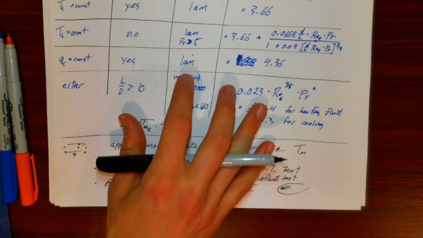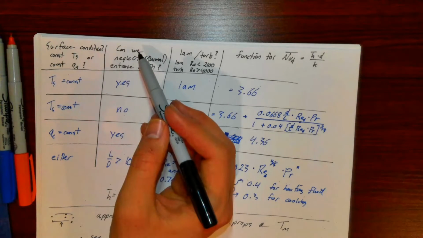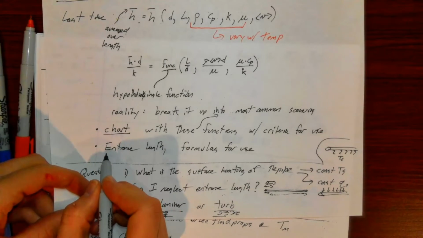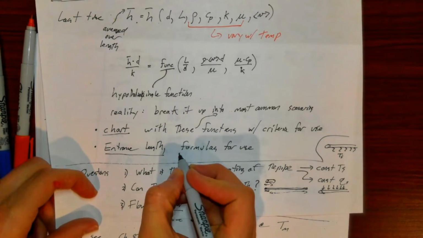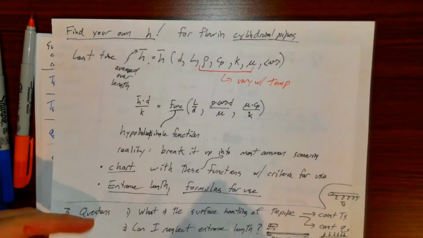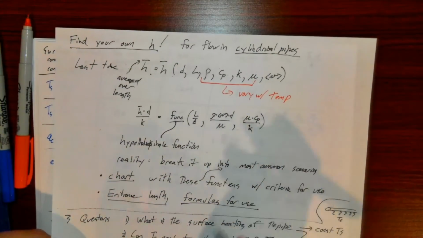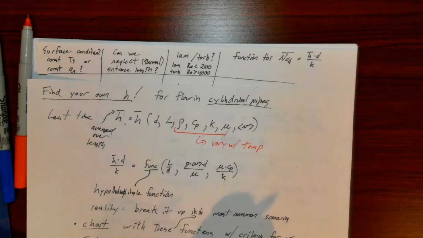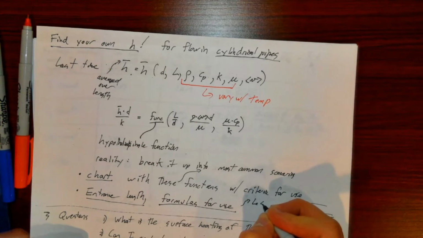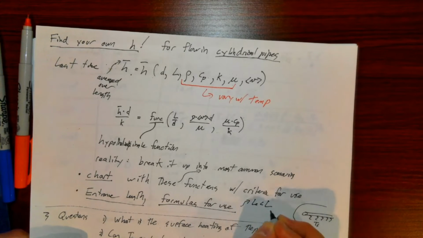All right, so let's go back to this question here. Can we neglect the thermal entrance length? Let's talk a little bit about thermal entrance length, and then I'll give you a couple formulas for entrance length, both thermal and hydrodynamic, so you can compute an entrance length and then compare it to the actual length L. This will basically say, is my entrance length less than the actual length of the pipe?